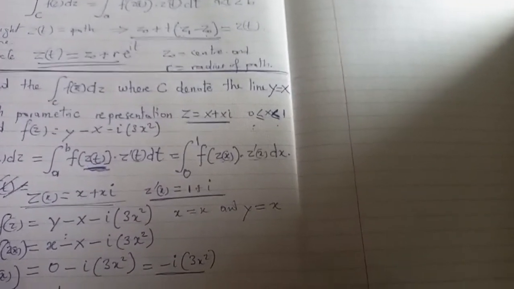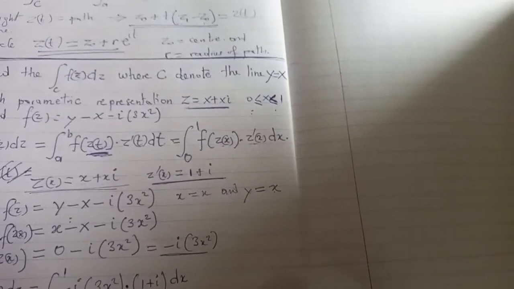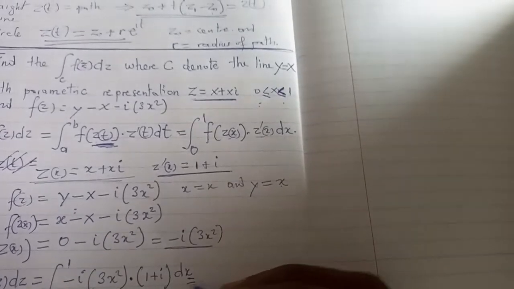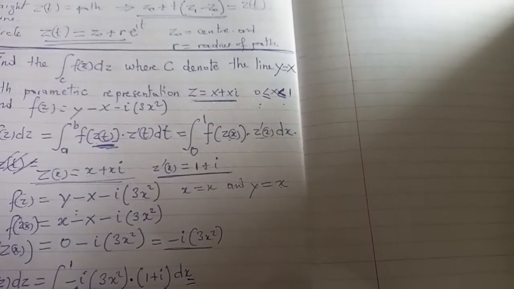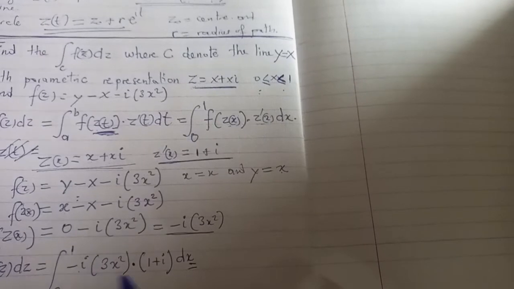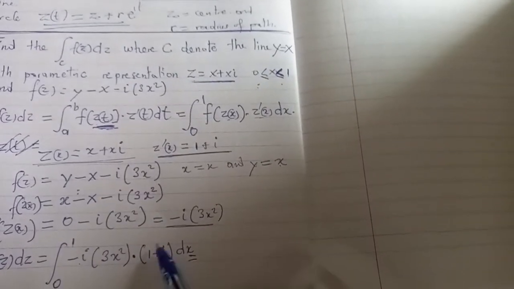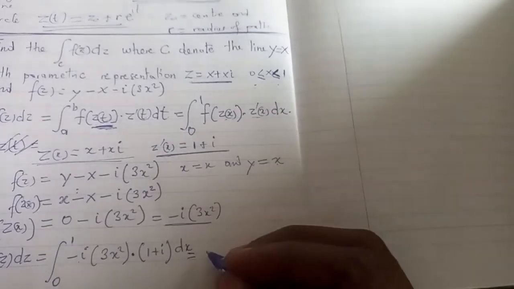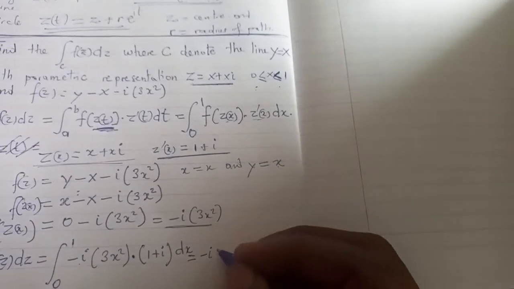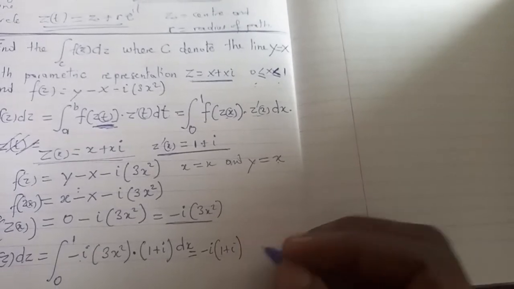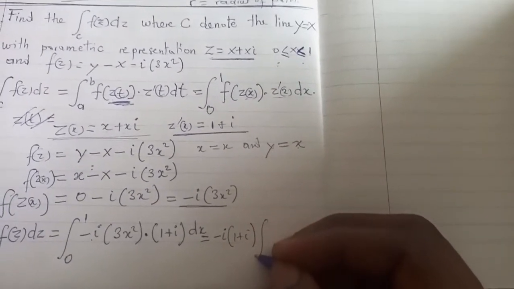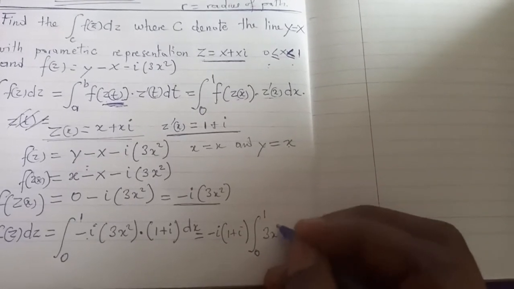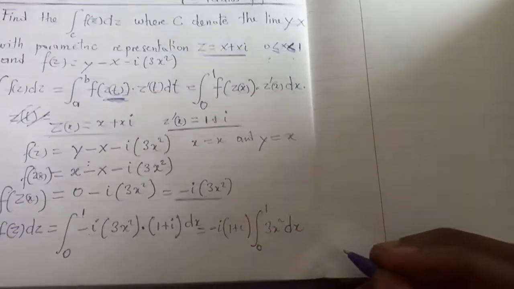Now you have just a simple integration to do. You just try to work it out. The first i here and 1 plus i will be taken as constants, so they can come out. So we'll be having minus i times 1 plus i, integral from 0 to 1 of 3x squared dx.